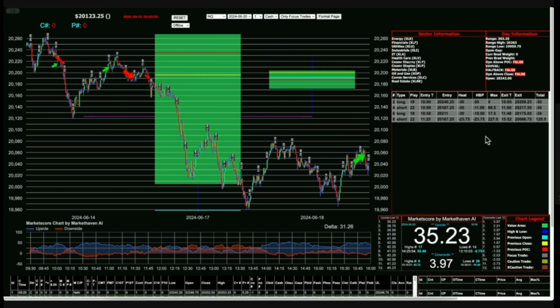Then the next trade comes along, and again, the NQ is very, very helpful when it comes to having points that show up. The entry on this trade is 187.25, and you can see that it is meandering around, but you can look at Marketscore at this point. On Marketscore, the downside is moving up, but not necessarily to the point where you were getting crossover.